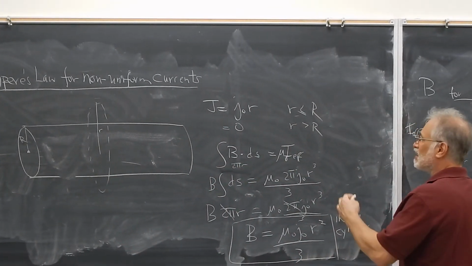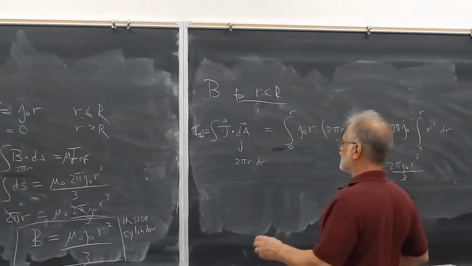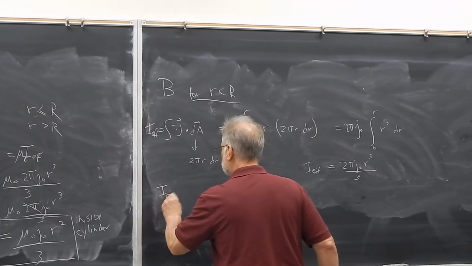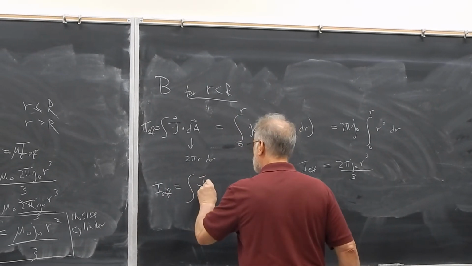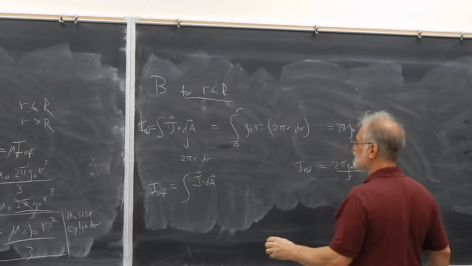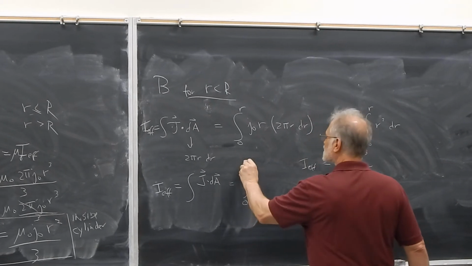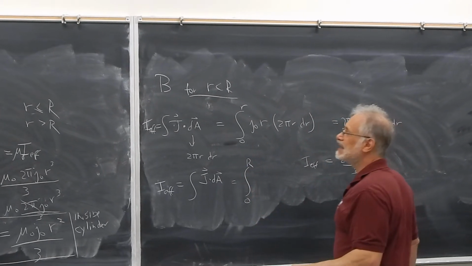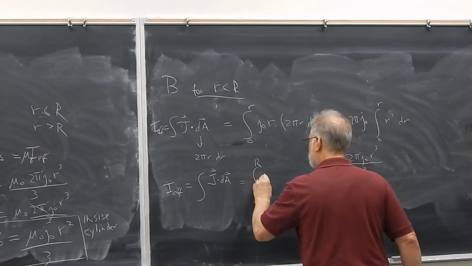Well, in this case, it's going to be all of the current. We can sort of shortcut the process. When I want to find the effective current, I can write that as the integral of J dot dA, and it will be the exact same procedure as before, except I'm going to integrate from 0 to capital R, because I'm encompassing the entire cylinder in this case.